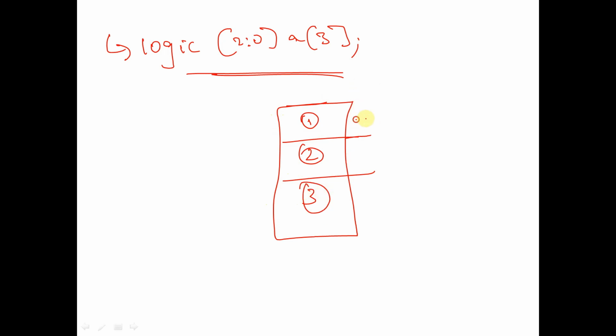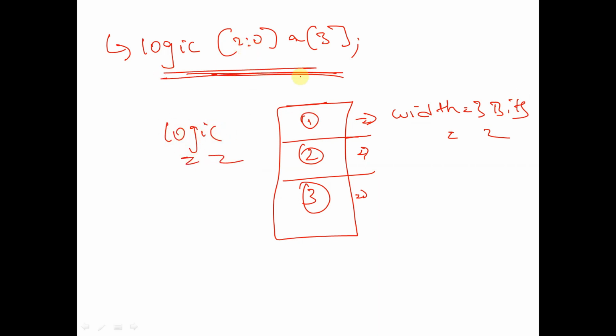And what is the width of each location? 3 bits. So we have 3 locations and the width of each location is 3 bits. And what is the type of the array? Logic type. So this is how a fixed size array looks like.